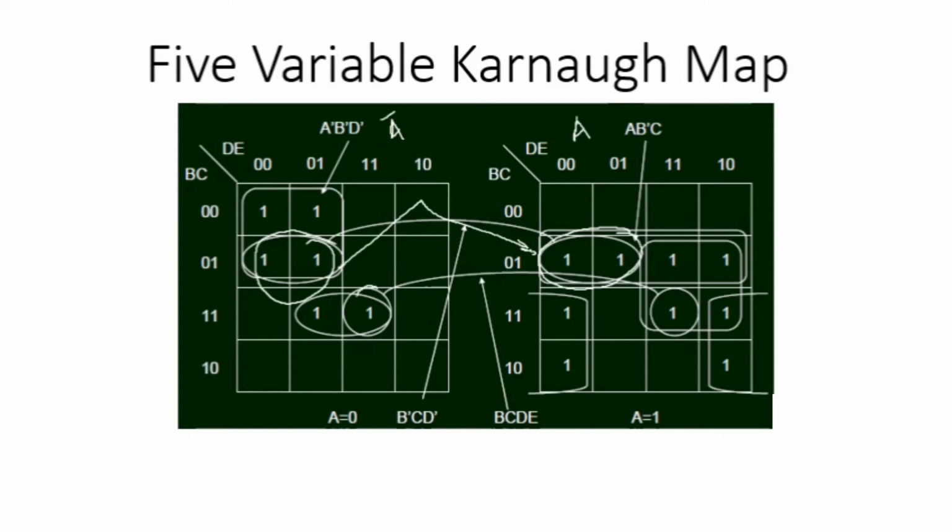Similarly, here you can see this is a single one and this is a single one, but these two singles will be considered as a pair. Similarly, you can see here that this pair is not associated with this K-map, so it will not be considered as a quad, but only as a pair.